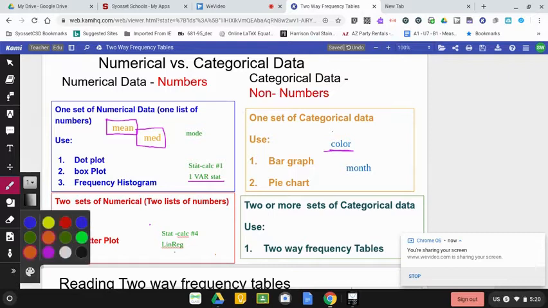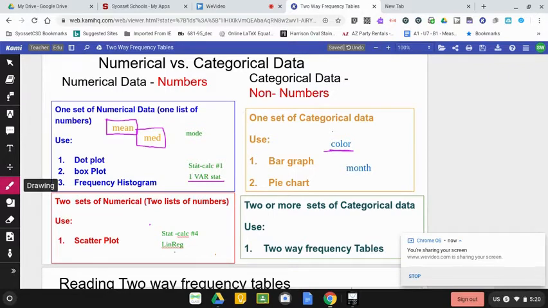Back in elementary school, I'm sure your teacher talked about categorical data, but didn't call it categorical data. You might have been asked, what is your favorite color? And your teacher might have taken the information from your entire class about your favorite colors and made a bar graph where you could find the mode, the most popular color in your class.